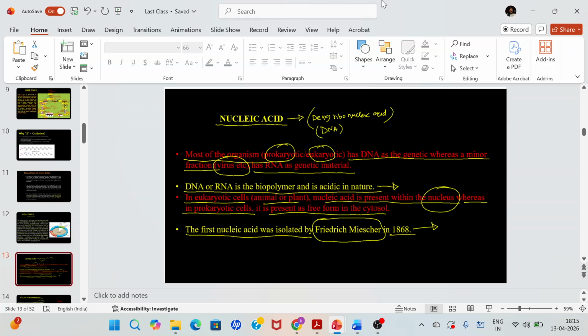In eukaryotic cells, animal or plant, nucleic acid is present within the nucleus, whereas in prokaryotic cells it is present in free form in the cytosol, that we also read in the differences when we were recapitulating the differences between prokaryotic and eukaryotic cells. Okay. So the first nucleic acid was isolated by Friedrich Miescher in 1868.